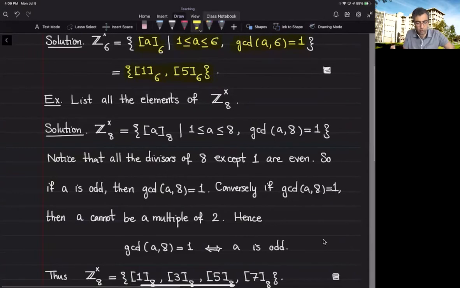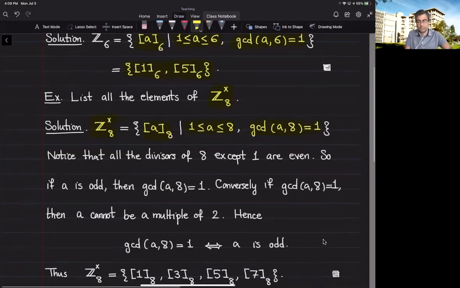Now let's list all the elements in Z sub 8 cross. Again, by the same theorem, Z sub 8 cross consists of residue classes represented by integers in the interval 1 to 8, where GCD of a and 8 is 1.